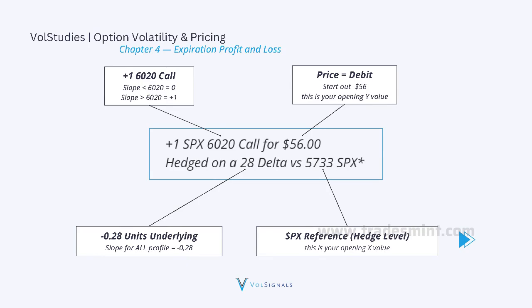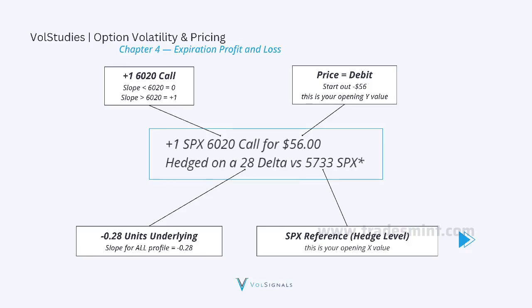So once the call is in the money, you incorporate the plus 1.0 slope, reflecting the 100 delta at expiry. However, for all of the range for which the call is out of the money, that call contributes nothing to your payoff profile, and as such has a zero slope contribution to the graph.